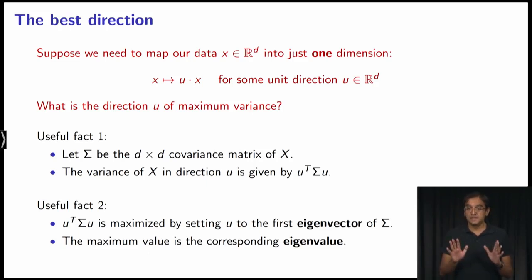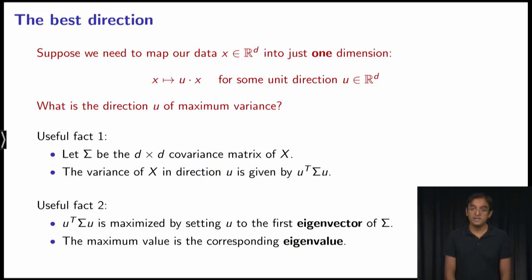Okay, but what exactly is the eigenvector? Well, this is a very important concept that gets used a lot in machine learning, and so we will be covering it quite carefully soon. But for the time being, let me just say a few words about it. So sigma is not just any old matrix. First of all, it is a square matrix. It's d by d. It's symmetric. We saw a little earlier that it's also positive semi-definite. So it has a lot of nice properties.